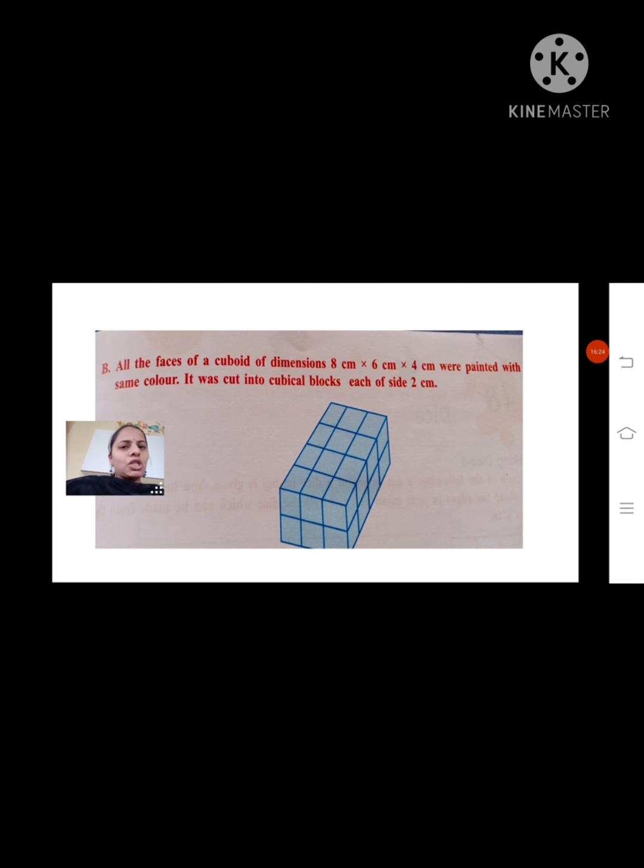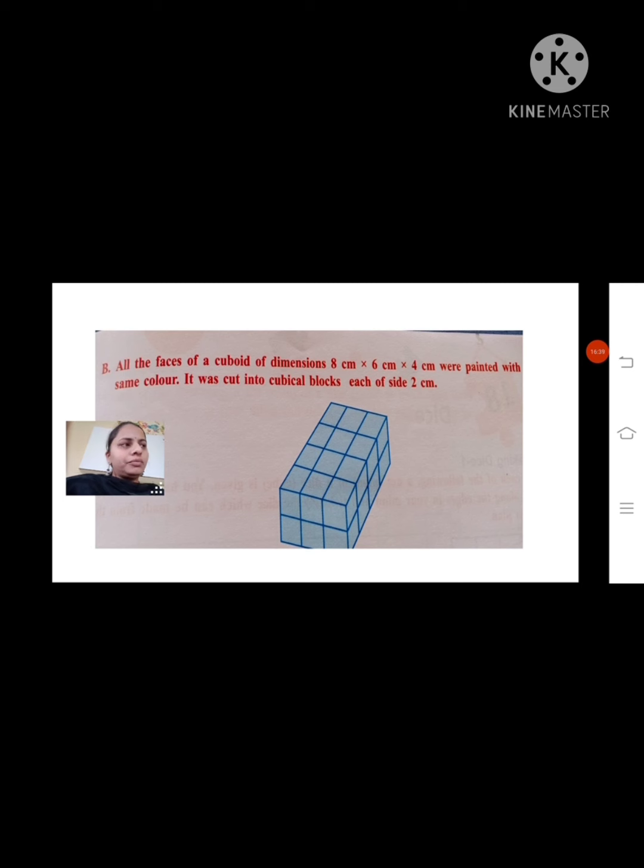So what is our question? All the faces of a cuboid of dimensions 8 centimeter, 6 centimeter and 4 centimeter were painted with the same color, and it was cut into cubical blocks each of side 2 centimeter.